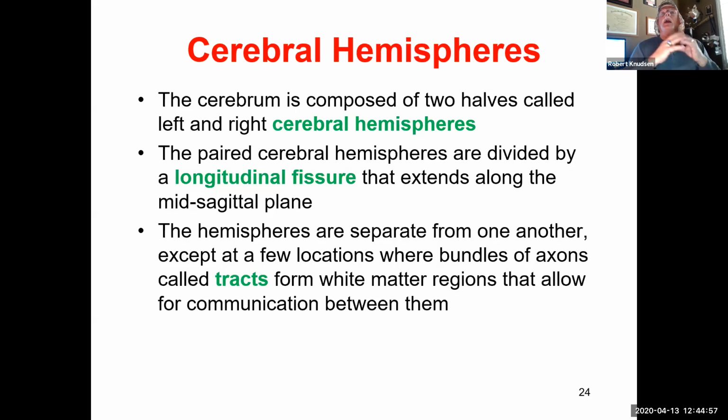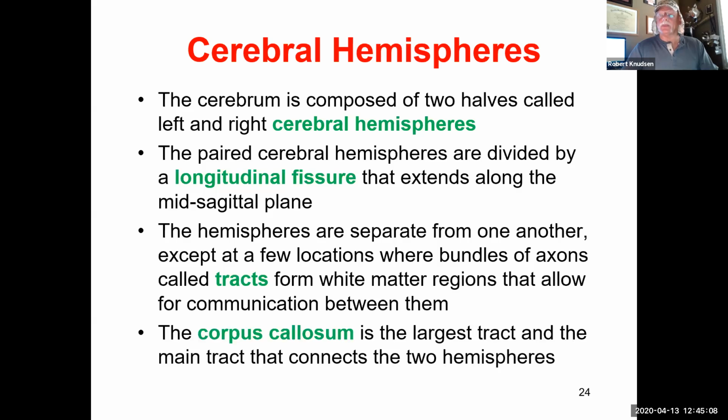Large amounts of axons cabled together in the peripheral nervous system are called nerves. The largest tract is called the corpus callosum, and that's what connects the left hemisphere and the right hemisphere. Good?